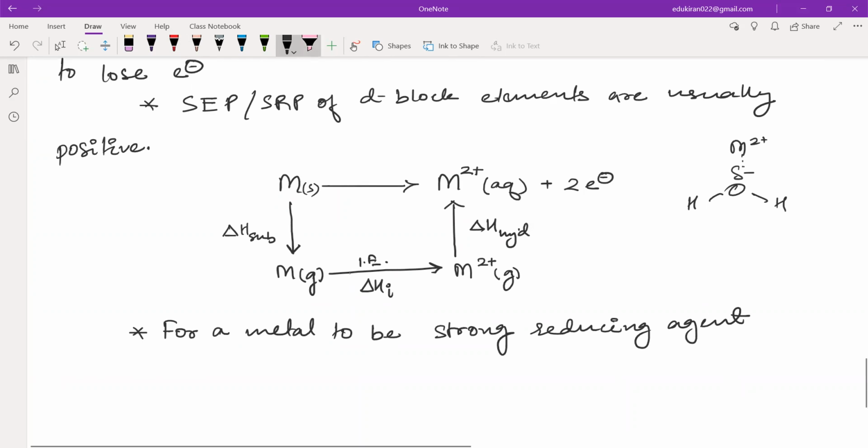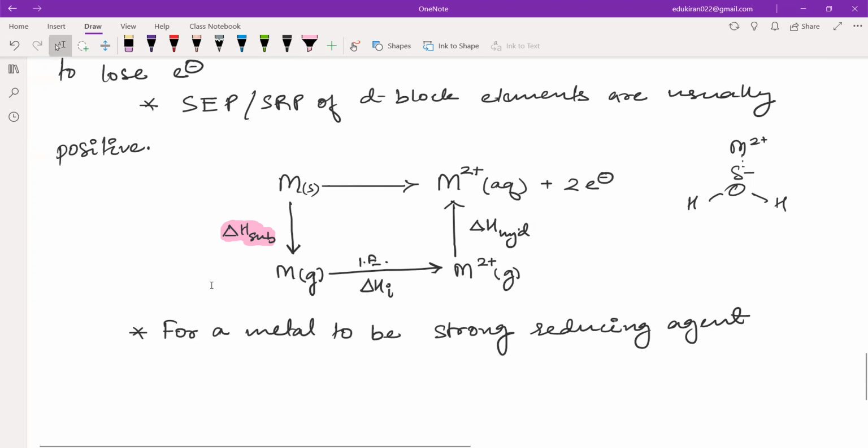There are 3 things happening. The delta H sublimation: tell me, do we have to give energy or take energy to go from solid to gas? Give energy. And for ionization, what is needed? If I want a strong reducing agent, should it be high or low?